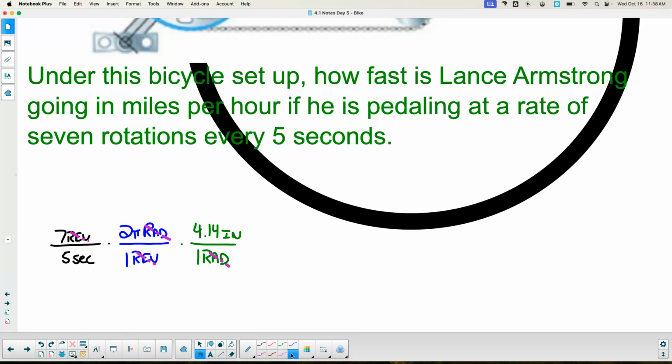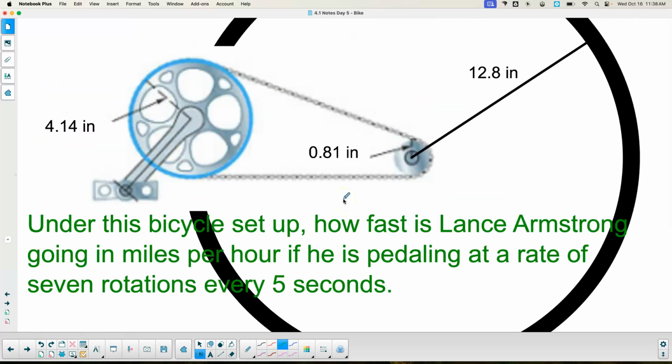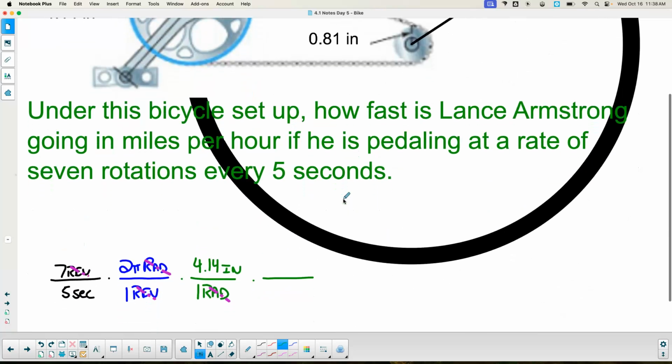So now I need to go from this linear speed of the chain to the angular speed of the small sprocket. The radius of the small sprocket was 0.81.